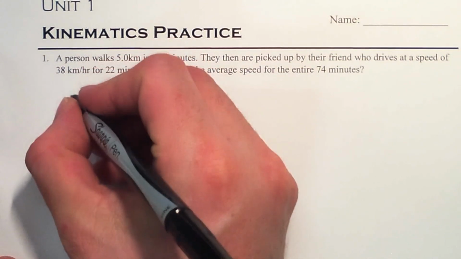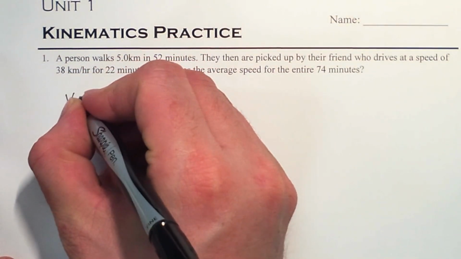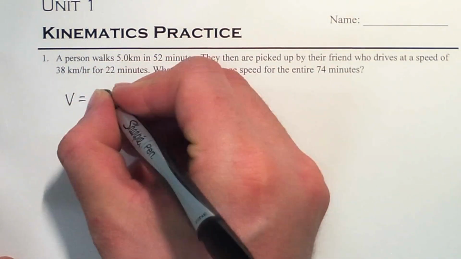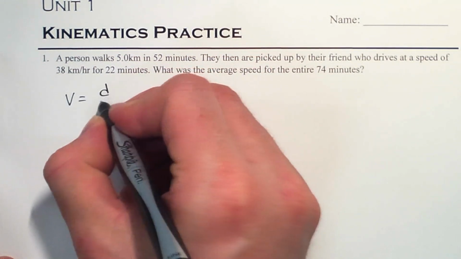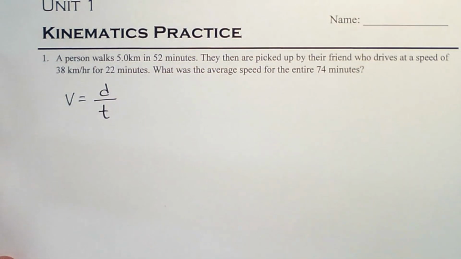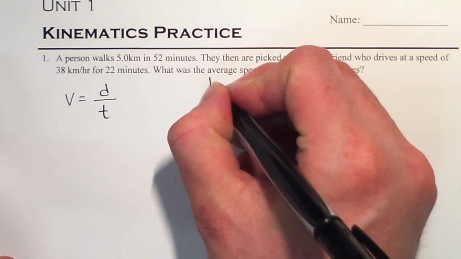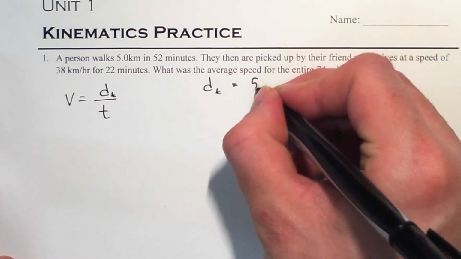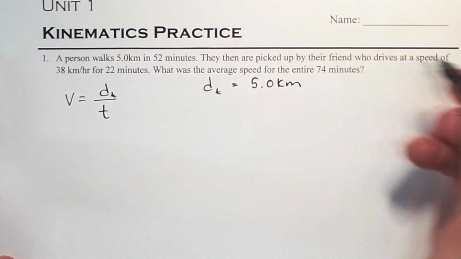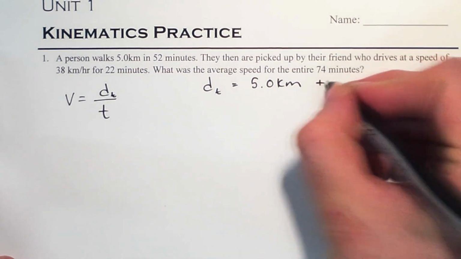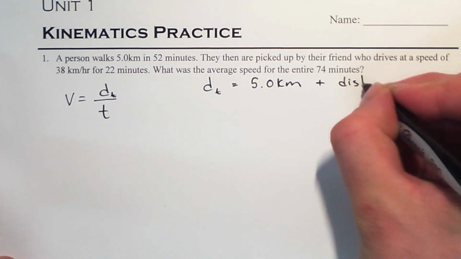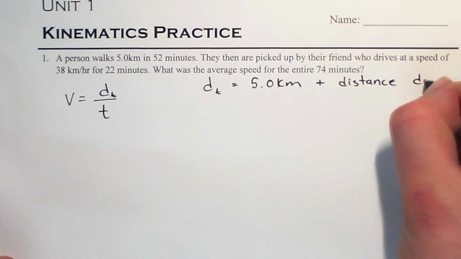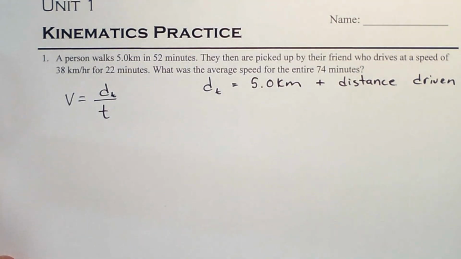So we know that average speed is going to be equal to the distance traveled divided by time. Now, we don't really know what the total distance is yet. We know that the distance, we can list this as distance total, is going to be equal to 5 kilometers that they walked, plus the distance driven.